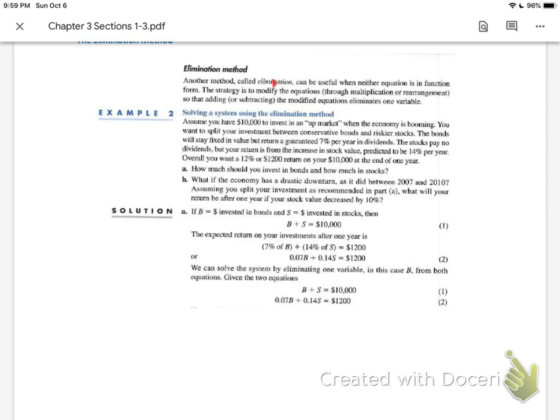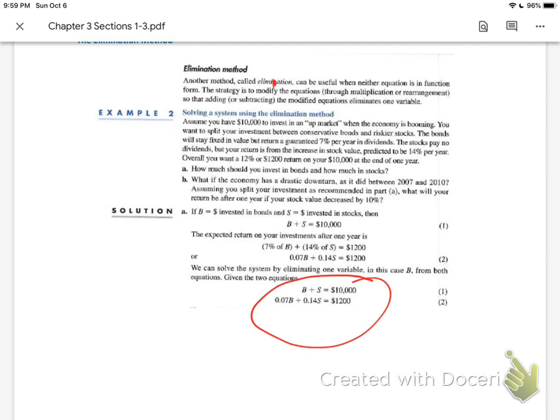Before I move on, I wanted to focus on these two equations. If I want to use the elimination method, I could multiply the first equation, equation 1, by a negative 0.07.